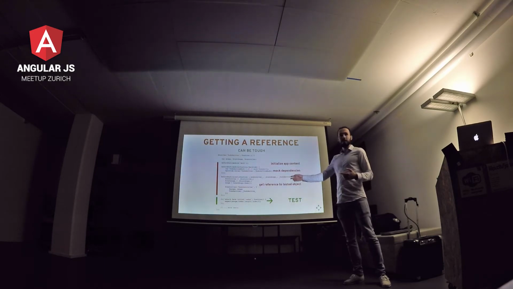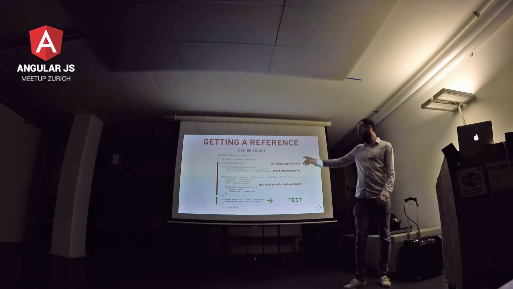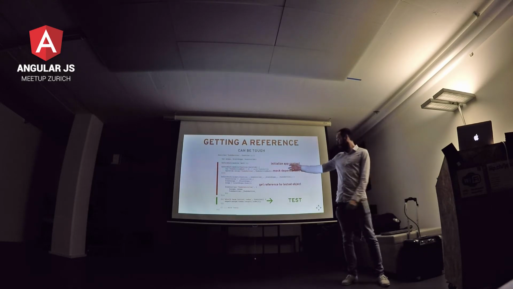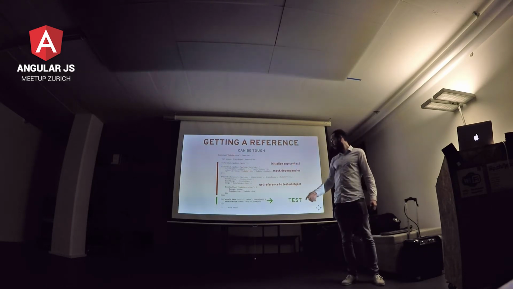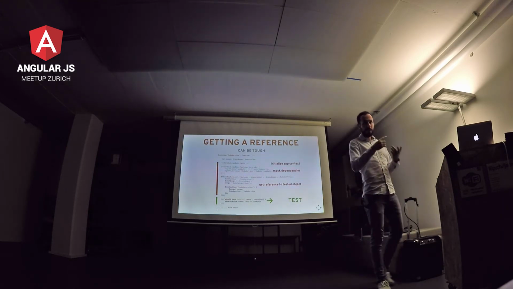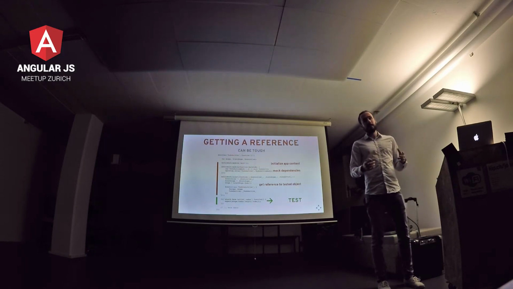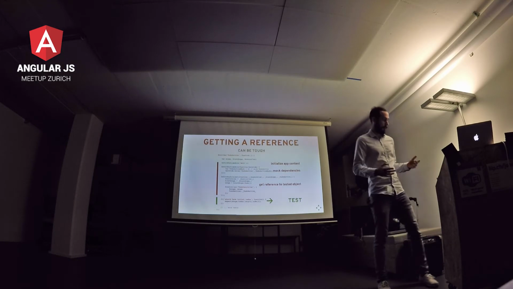Maybe not $rootScope. If you are using controller-as syntax, then you don't have to create a new scope and instantiate your controller with the scope. But still, you need at least the $controller Angular API to get the reference to your controller so that you can test it. Because without running the Angular application and this $controller, you have no way to access this function, which is a controller of yours.